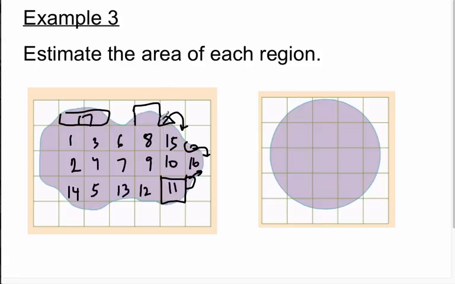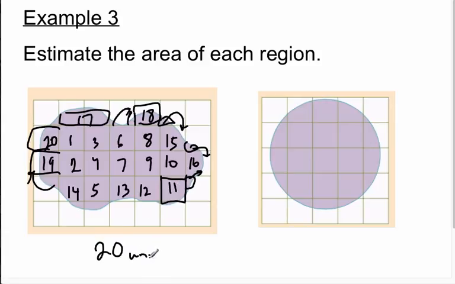Let's count another one. Let's count that one as 18. And then these spaces kind of make up for the white space. Altogether, these three over here might make up 2 squares, I think. Yeah, this makes up for that white space. So it's going to be about 19, 20, I believe. I would say about 20 square units here. It's only an estimate. It might be like 19 or 21 or something.